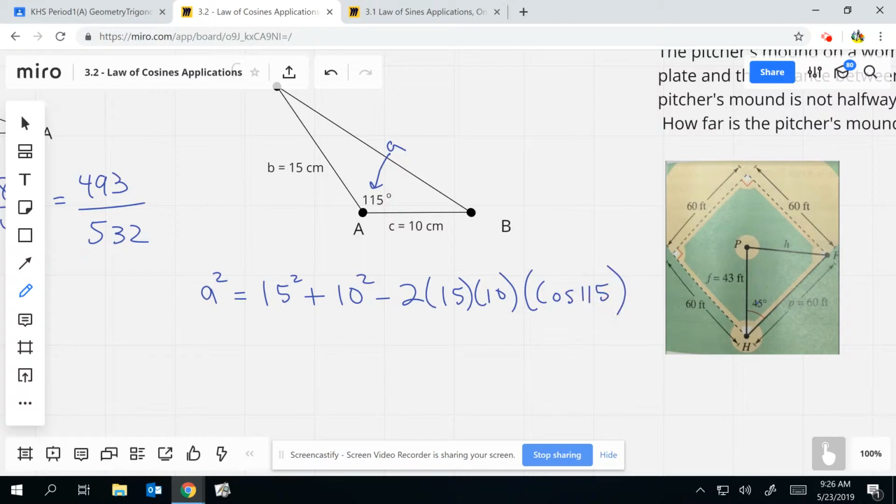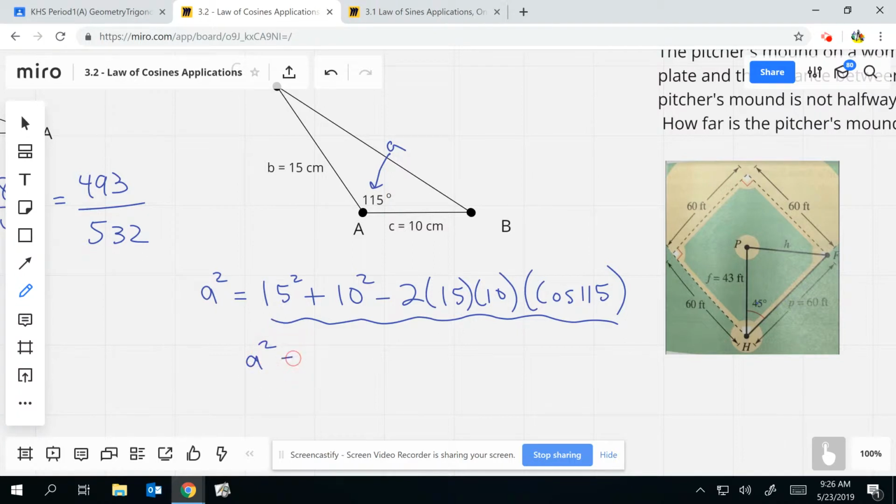Again, what's cool about these calculators is you can put this whole thing straight in your calculator and it will give you one answer. You've got 15, hit the x squared button, plus 10, hit the x squared button, minus 2 times 15 times 10 times cosine of 115. You're going to get a number that is 451.79.